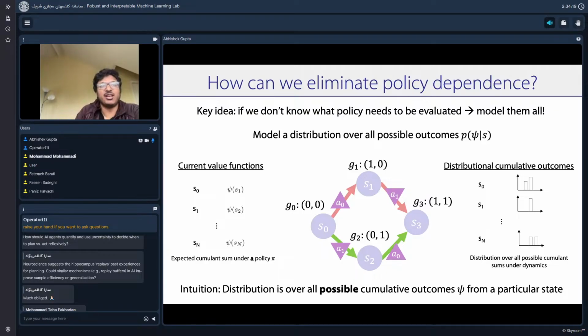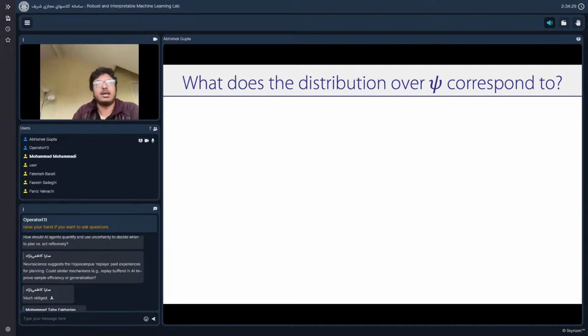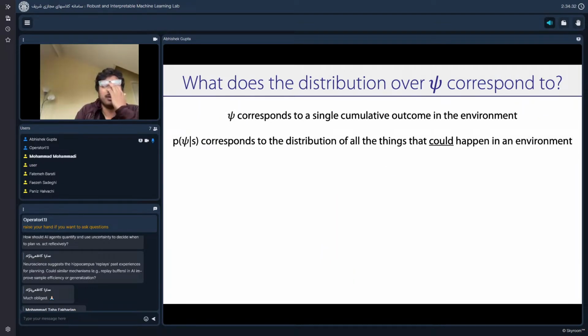If you want to avoid dependence on a particular policy, you go from modeling a vector to modeling a distribution over vectors, right? You can think of this psi as corresponding to a single cumulative outcome in the world, which is the sum of features. And P of psi tells you the distribution of all possible psis in the data set, right?